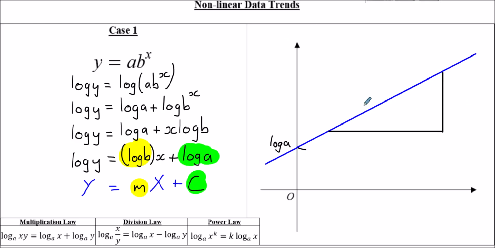We can work this out and do the gradient of this. So this here is going to be change in x, because our variable is x. Here the variable's log y, so we could plot log y. This will be the change in log y.